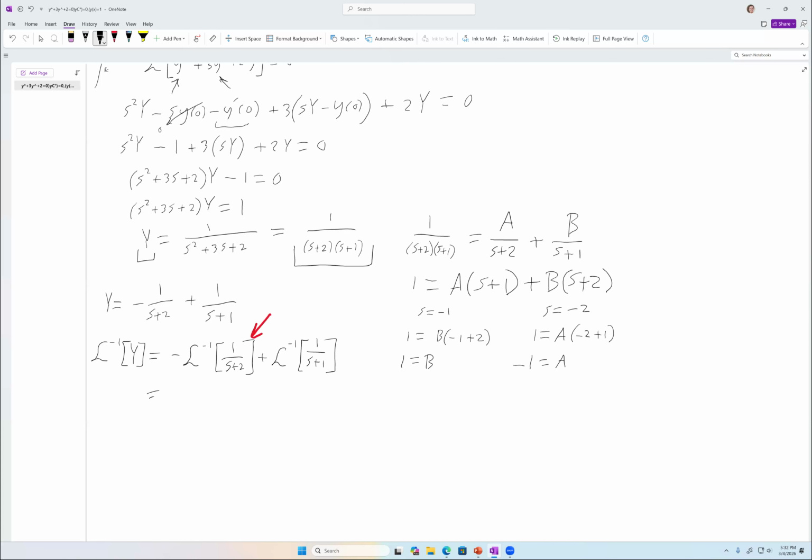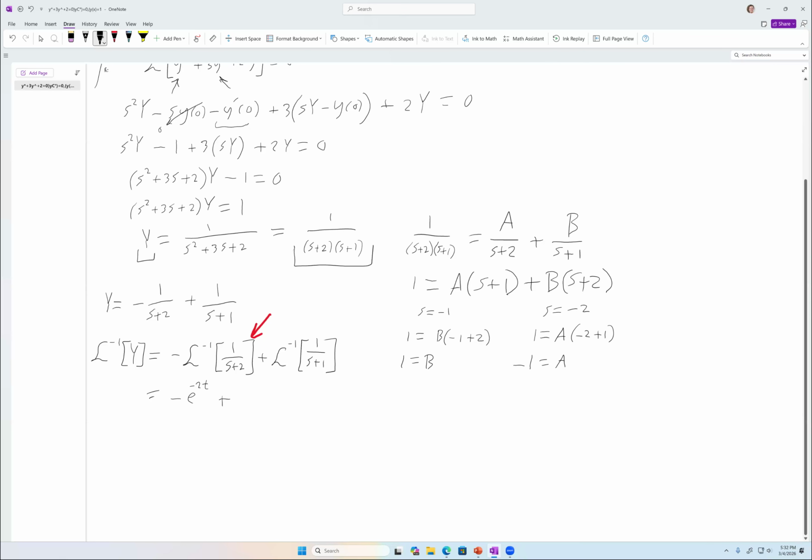If we have this s plus 2, e to the minus 2t. Because if we look at it, e to the at, if we do the Laplace transform with that, it becomes 1 over s minus a. But if a is a positive number, that means that our initial a must be negative. So, all right, we're going to have e to the minus 2t.